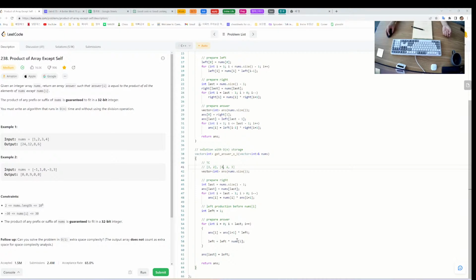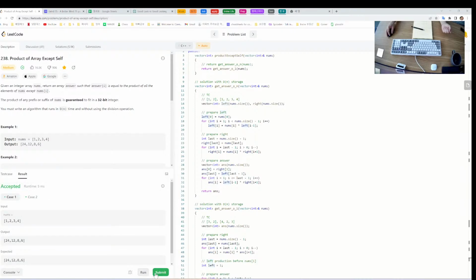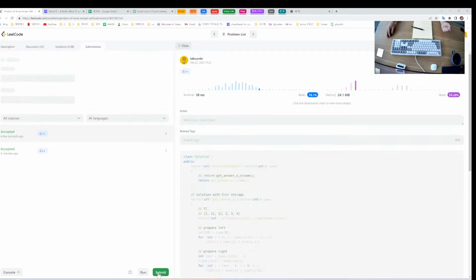Previously when I was 0, it was multiplied, so now left is 4, so 4 it will be calculated. Answer last, and then last value will be left. Okay. So I think this is it. Good.